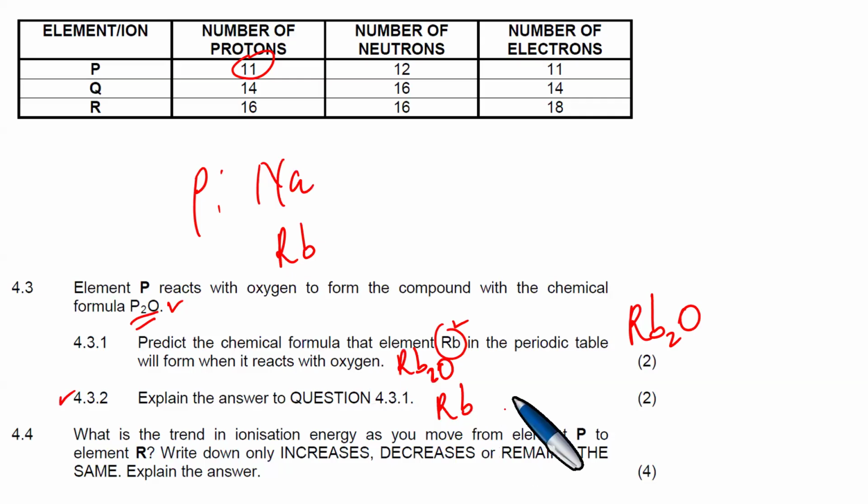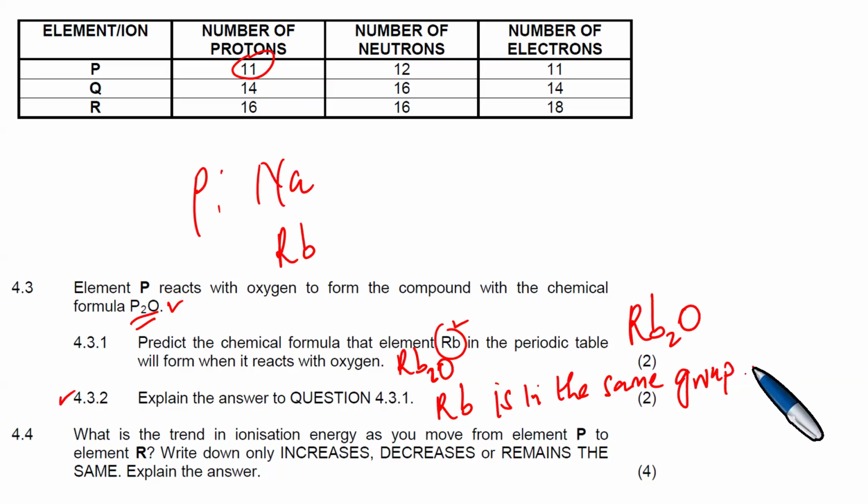Because Rb is in the same group as P, or you can say they're in the same group as sodium, and that is the reason why they would have that particular formula.